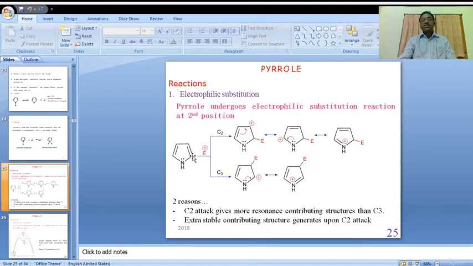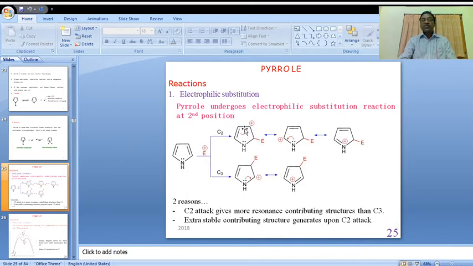The C2 carbon gets negative and easily attacks the electrophile. In that case, the C3 carbon gets positive. This is one of the resonance structures.